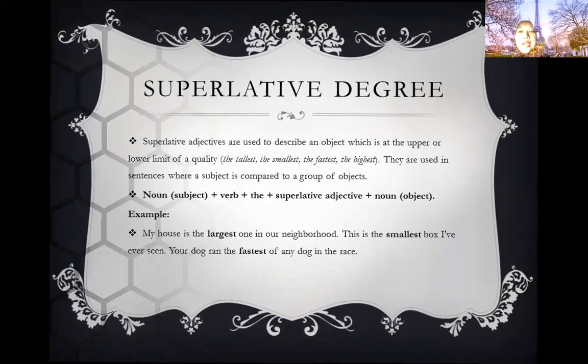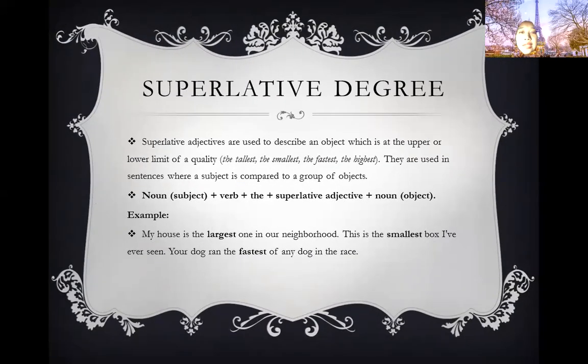Okay, now the last is superlative degree. Superlative adjectives are used to describe an object which is at the upper or lower limit of a quality, the tallest, the smallest, the fastest, the highest, and they are used in sentences where a subject is compared to a group of objects. Look at this pattern.